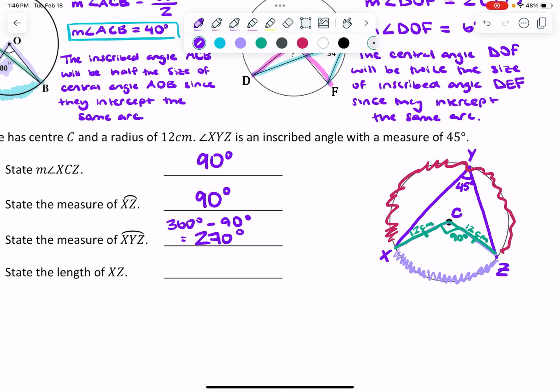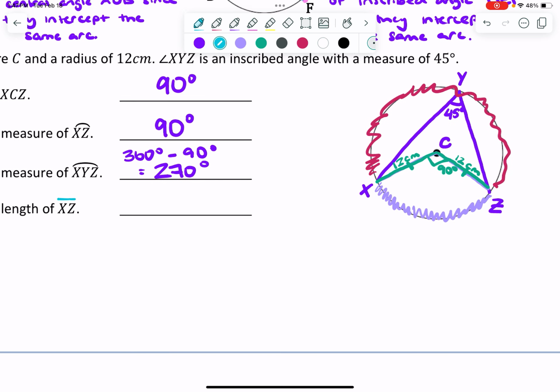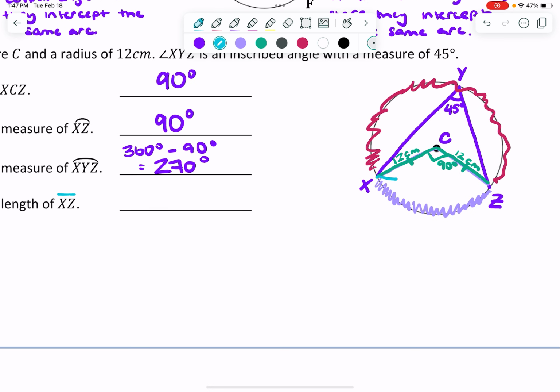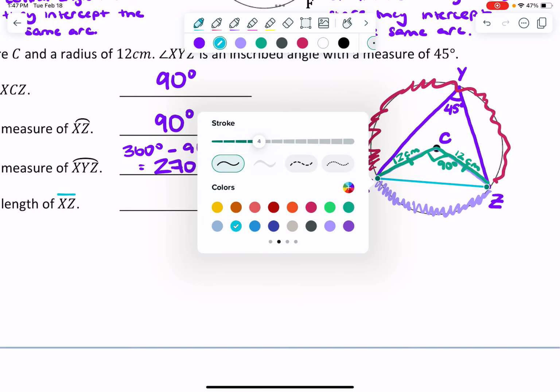Last but not least, it wants us to state the length of XZ. Now, with no symbol on top, we know that that indicates a way to represent a line segment. So I can represent it with that line on top, or line segment on top, my apologies. But that's what I've got. Now, when I take a look at this, this is the value that I want to find the measure of.